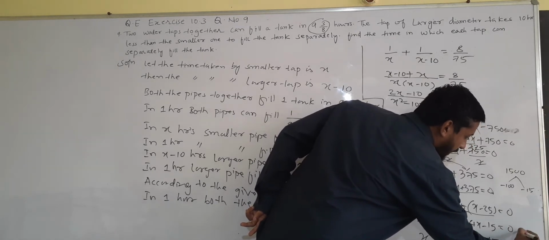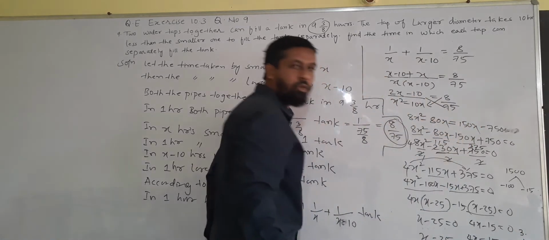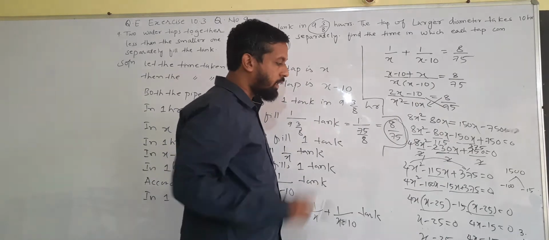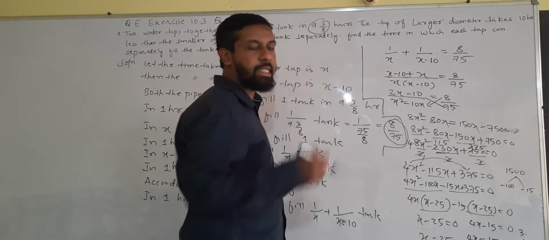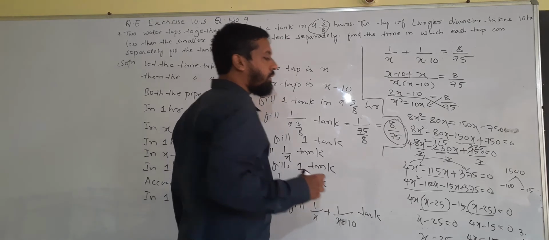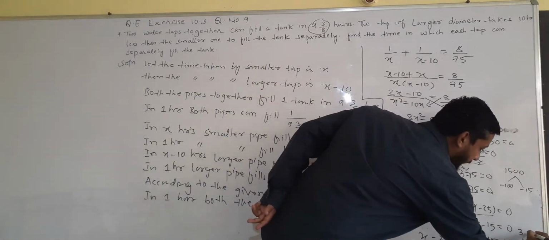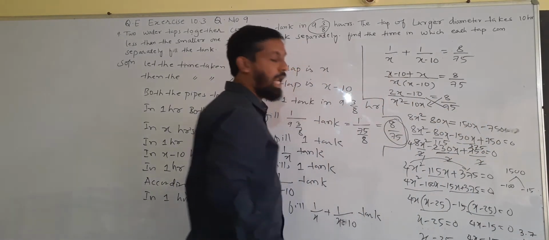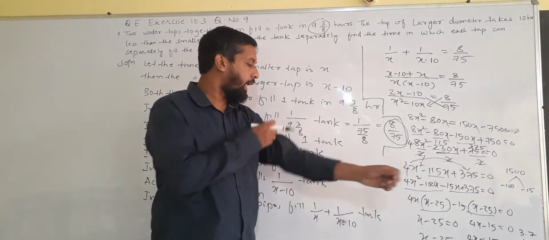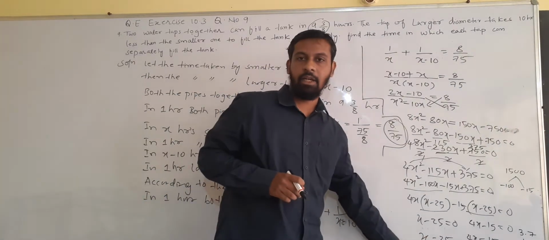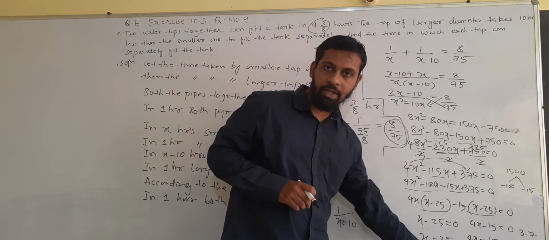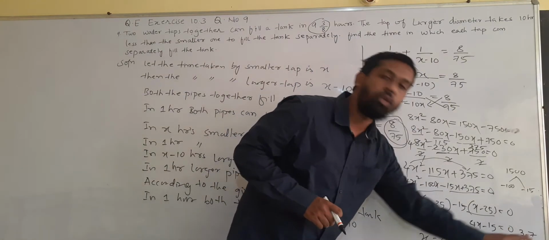4 3s are 12, then 3 remains, 4 7s are 28. So x is 3.7. Now what is important is which is the correct answer: x is equal to 25 or x is equal to 3.7.